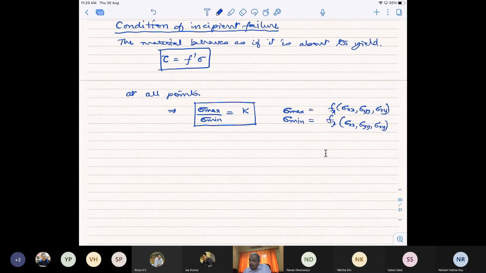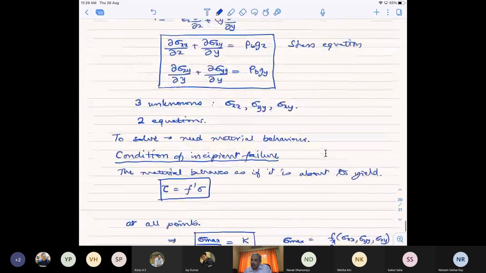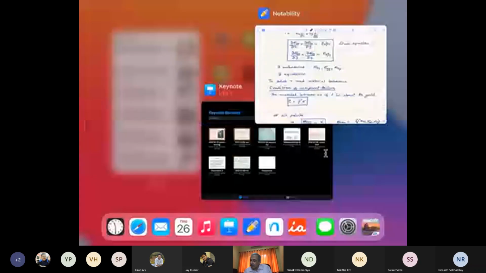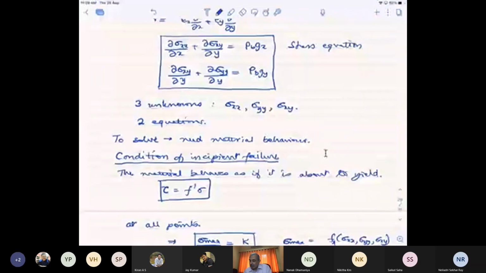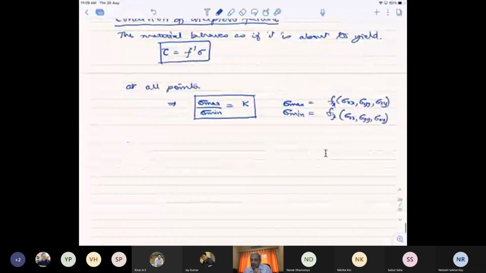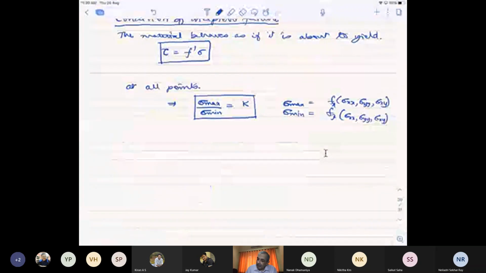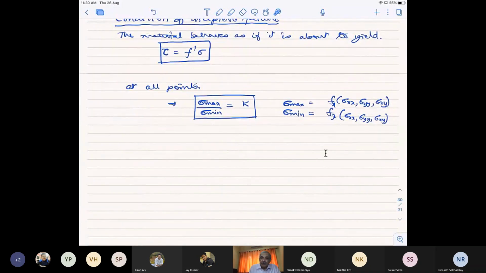But we can always get one more equation in addition to these two. This is the third equation that we will have. So we have three equations and three unknowns to solve for.